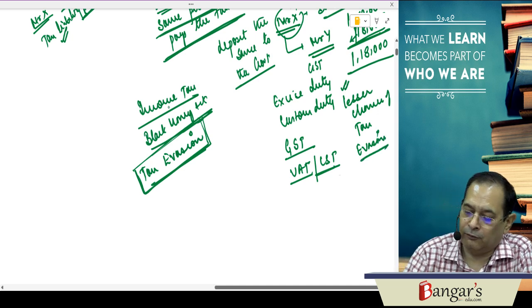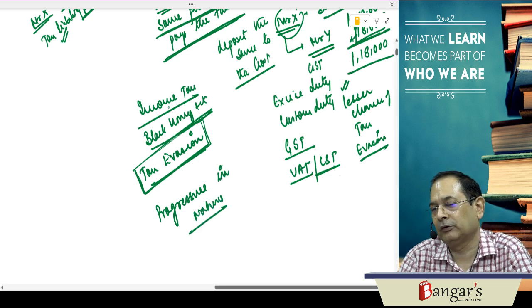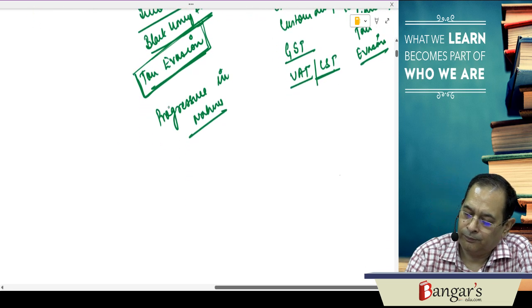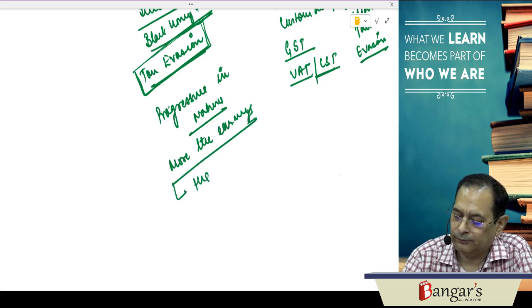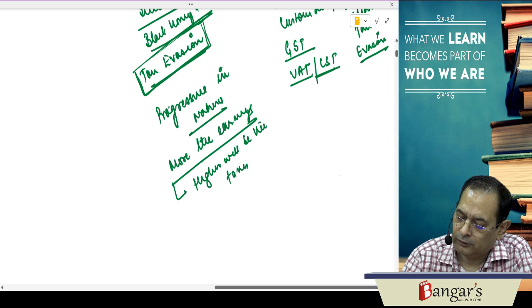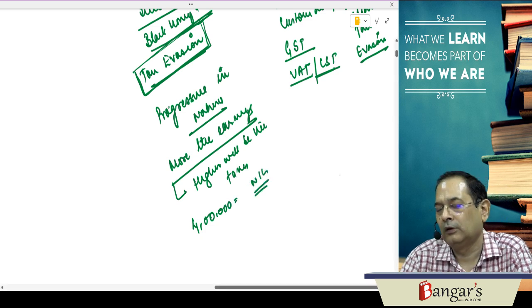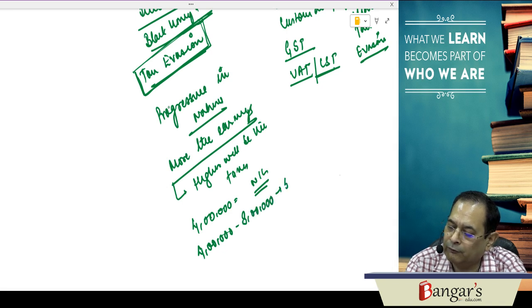Direct taxes basically are progressive in nature. What is progressive in nature? The more the earnings, the higher will be the taxes. So if you are earning 4 lakh rupees, you may not be required to pay the tax. From 4 lakhs to 8 lakhs, the rate of tax enhances to, say, 5%.